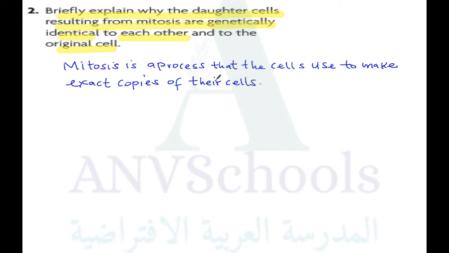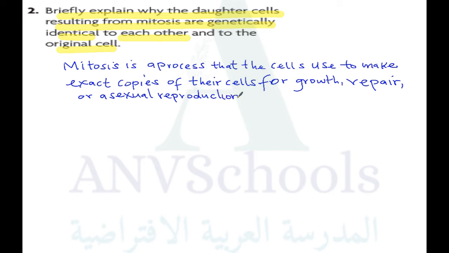So they actually make exact copies of their cells for growth, repair, because repair cells have to be the same kind of cells, or asexual reproduction. So even in asexual reproduction, the daughter cells should be exact copies of the parent cell.